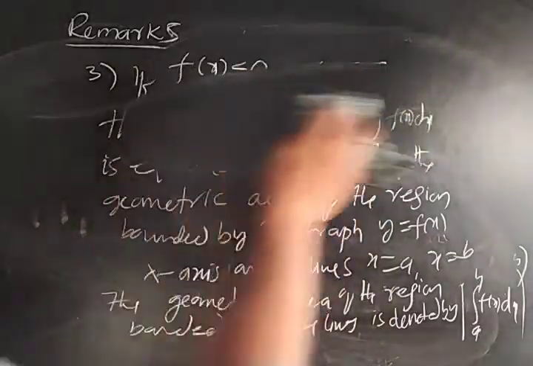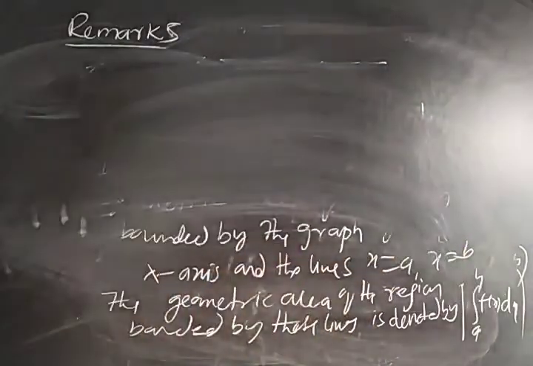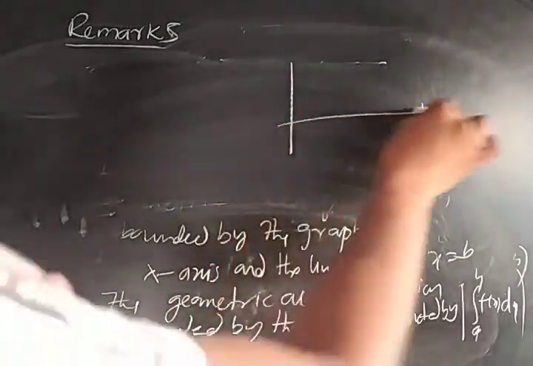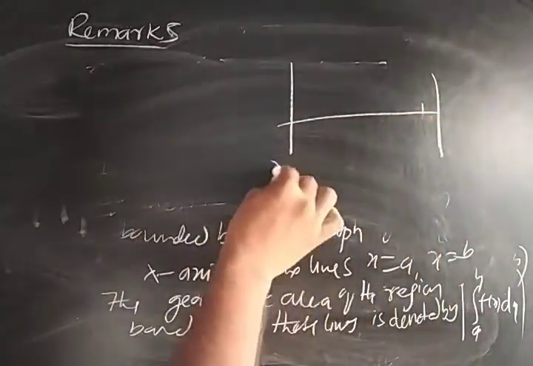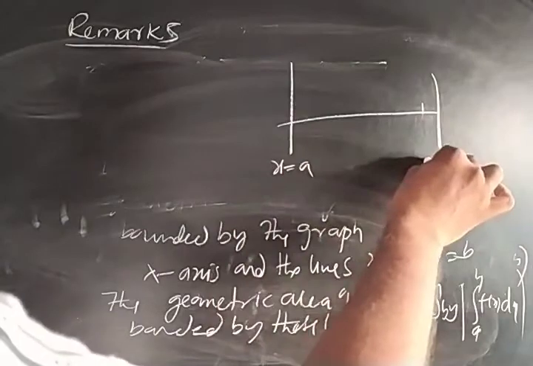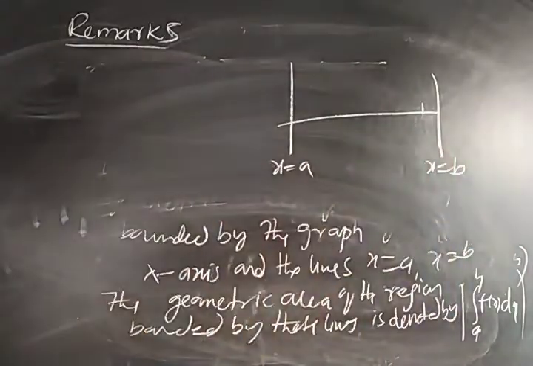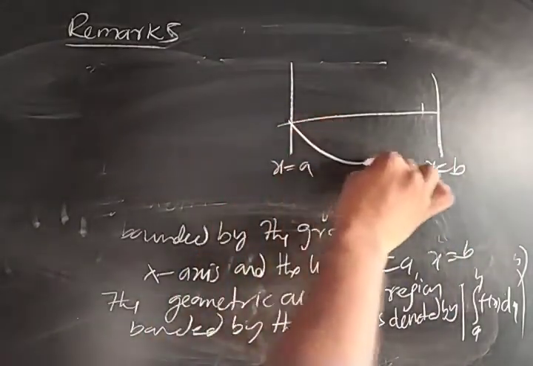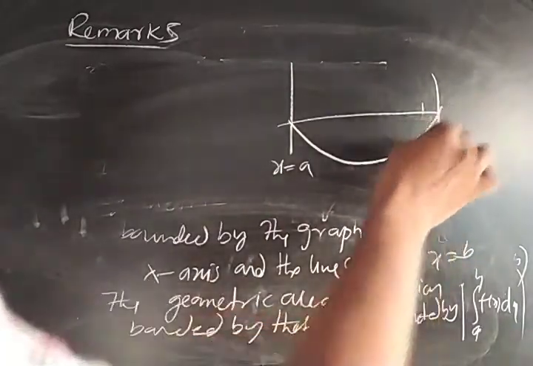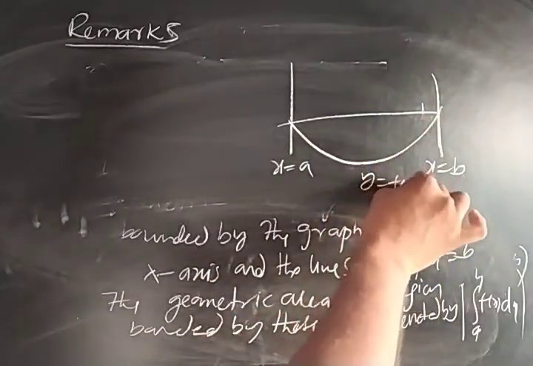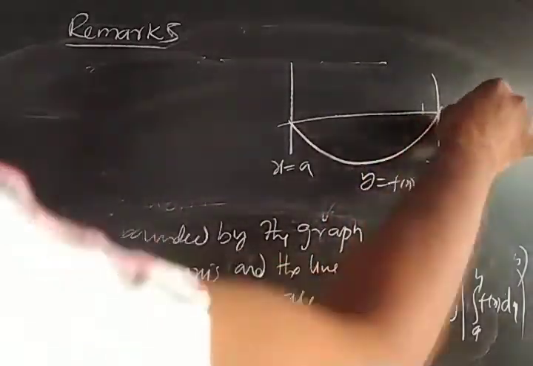For example, suppose I am taking one graph of the curve in the interval x equal to a to x equal to b, and the graph is lying below the x-axis. I am taking y equal to f of x here, and this is the x-axis.